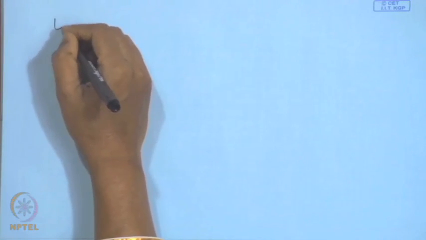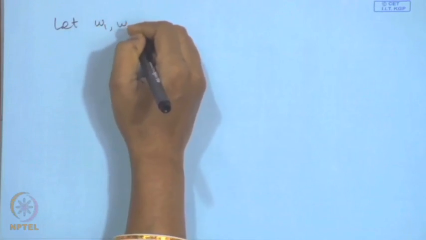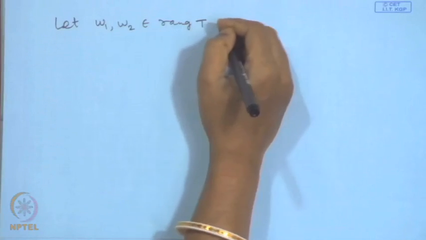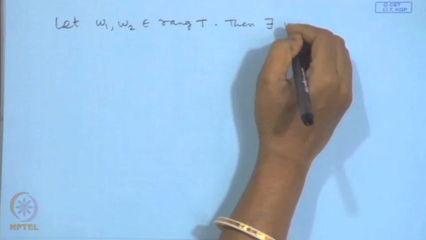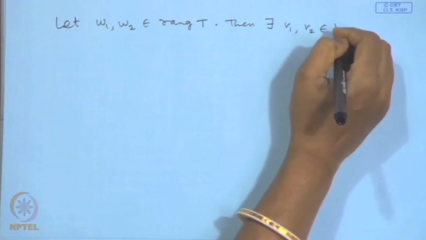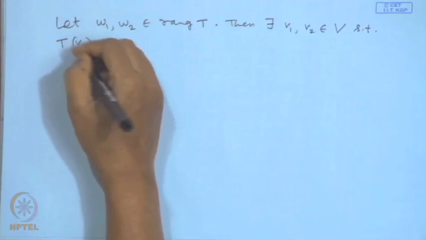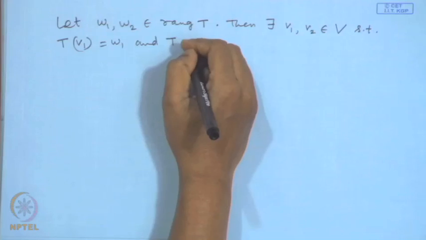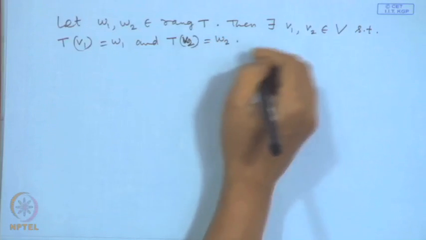Similarly, one can also prove that the range of T is a subspace of W. So, let w1, w2 belong to the range of T, then there exist vectors v1, v2 in the vector space V such that T of v1 is equal to w1 and T of v2 is equal to w2.